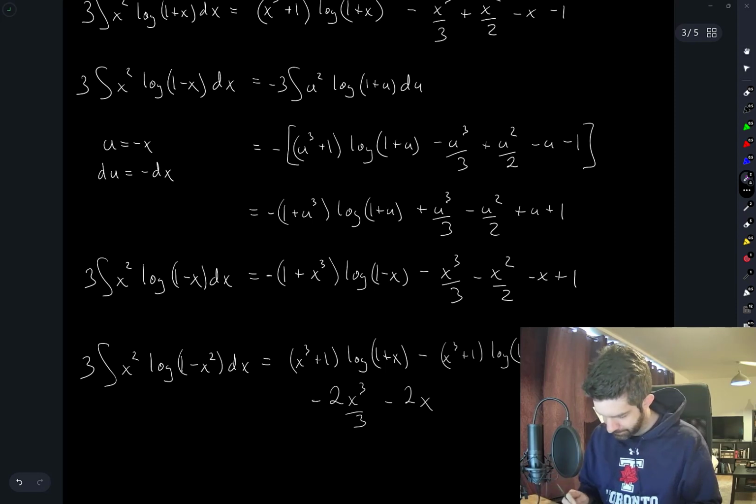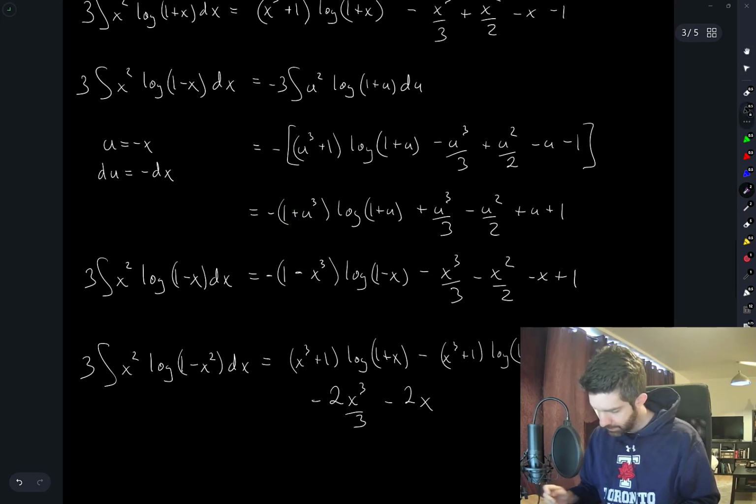Yes. There, because I've made the substitution u is equal to negative x. That's why these signs have changed. I should change that one back as well. So this becomes 1 minus x cubed.